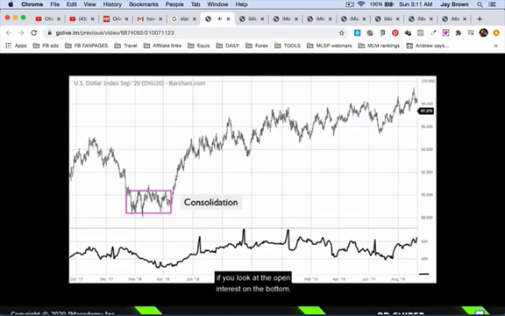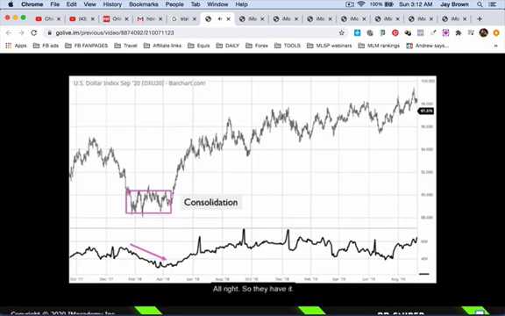And so during that period, if you look at the open interest on the bottom, just during the times of that consolidation, you can see that open interest was actually decreasing. So Mr. Williams was correct. Even though the book was written in the late 70s, here we are in February of 2018 with the dollar index basically calling the move.